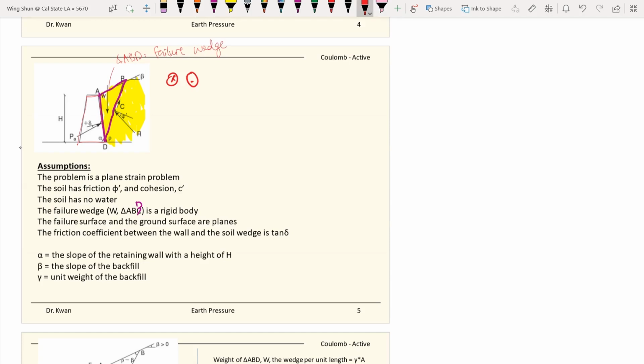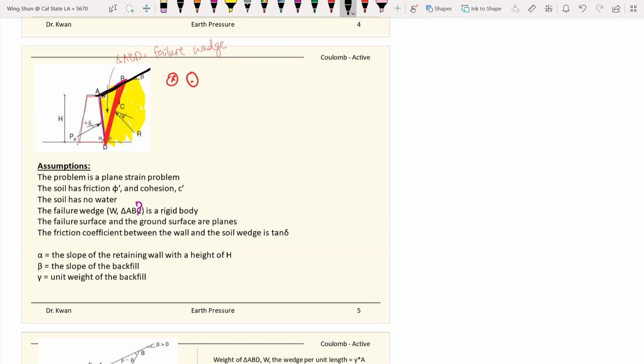The whole thing will fail as a block, going together. This is one of the assumptions. And the failure surface and the ground surface are planes. So here is your failure surface, and the ground will also be a plane.